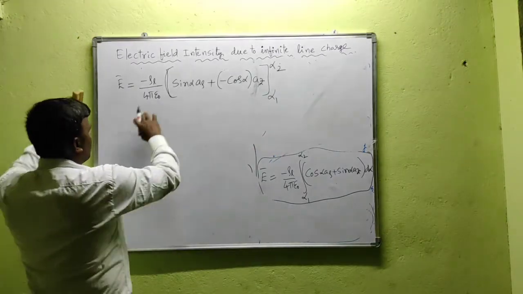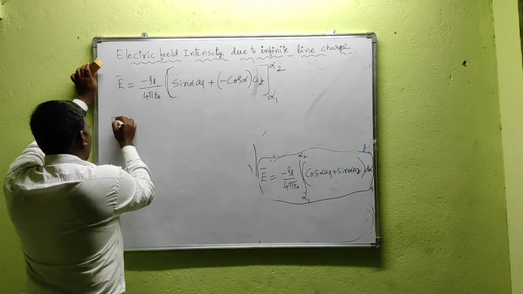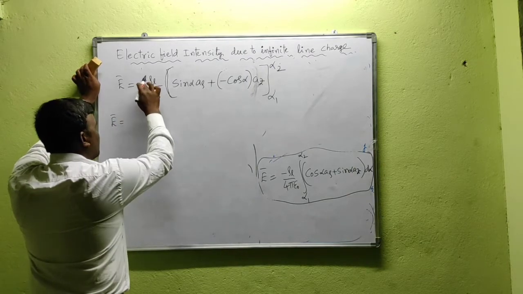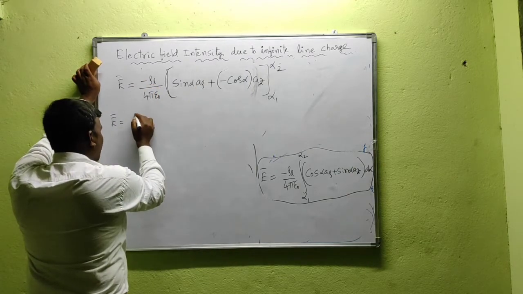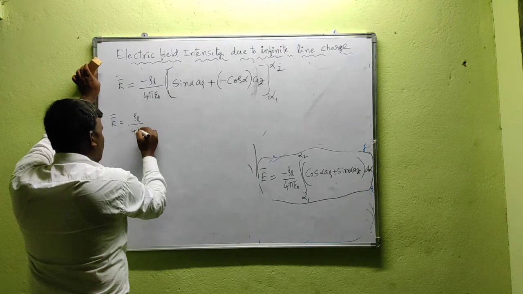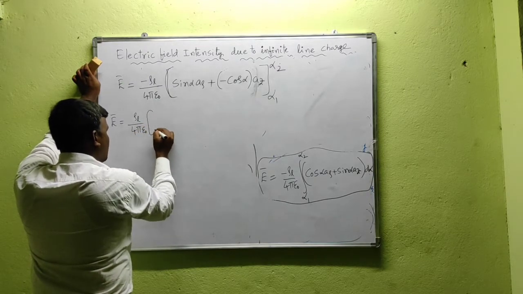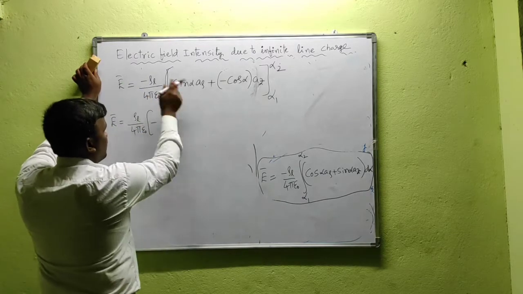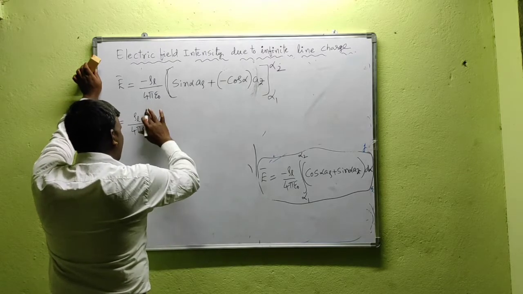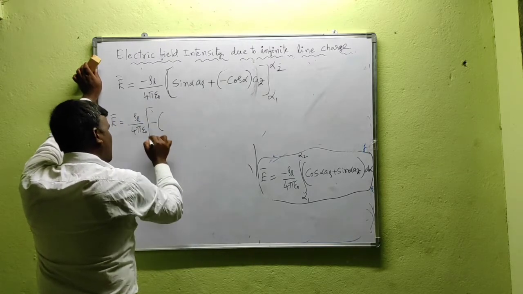Now we can write E bar equal to, sending this minus sign to this side, rho L by 4 pi epsilon naught, upper limit minus lower limit.